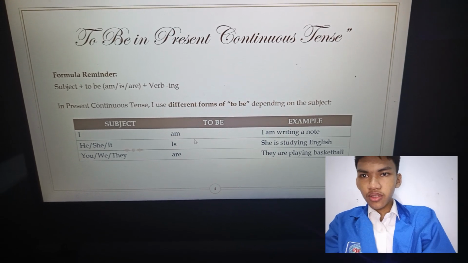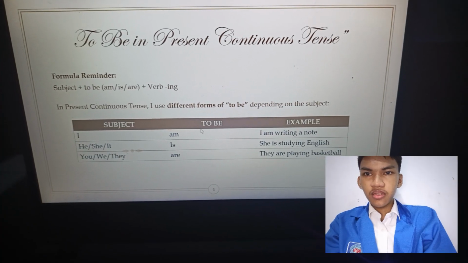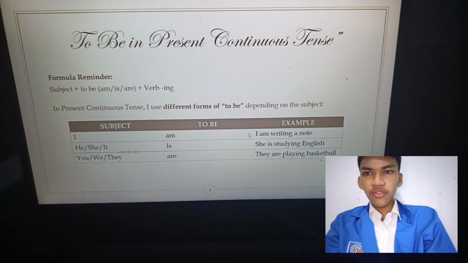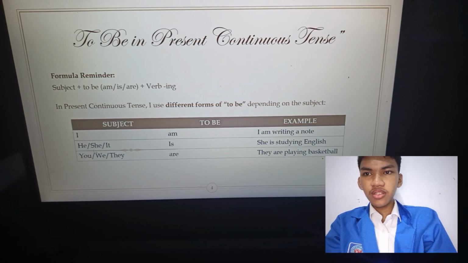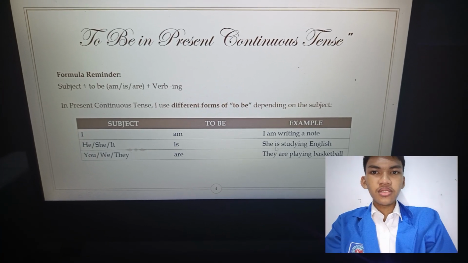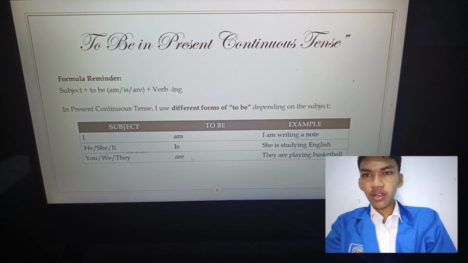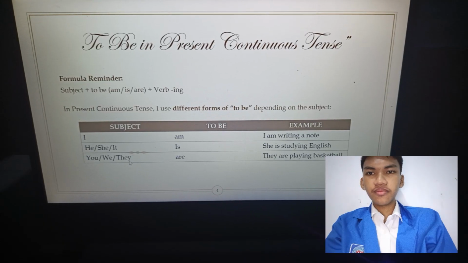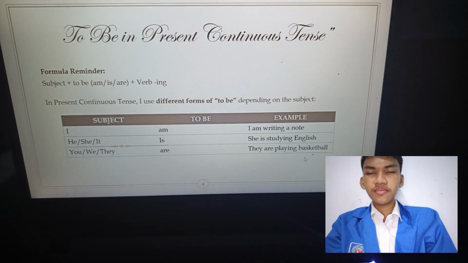If I use am, the subject is always I. For example, I am writing a note. If I use is, the subject is he, she, or it. For example, she is studying English. If I use are, the subject is you, we, or they. For example, they are playing basketball.